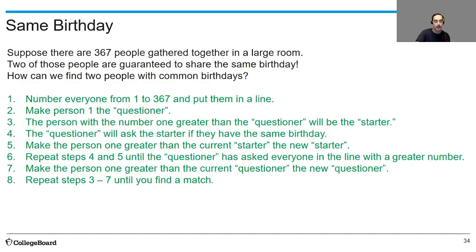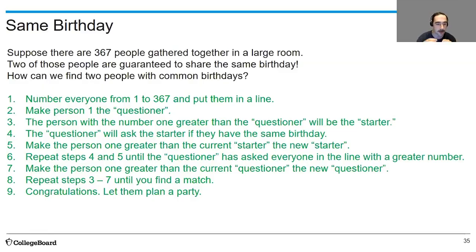That will allow the new questioner, person 2, to go down the line and ask everybody if they share the same birthday. And if person 2 doesn't match, then we'll have to go on and try person 3 and person 4 until we find the match. And when we do, we can just let them go have a party.